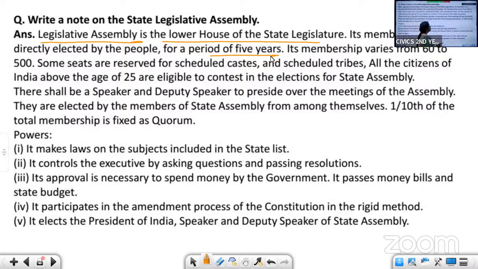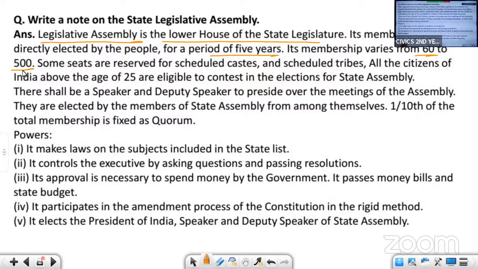Now, if you see the membership, it varies from 60 to 500. So the minimum strength of a legislative assembly is 60 and the maximum is 500. That is the strength of the legislative assembly.